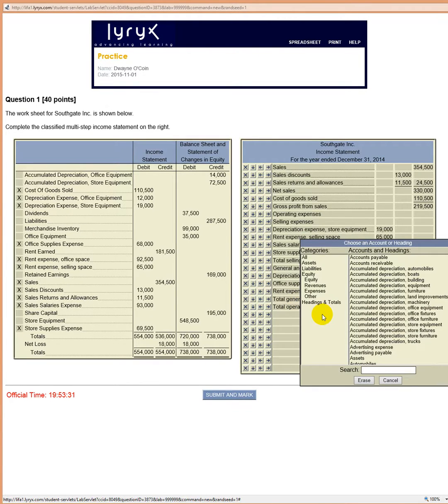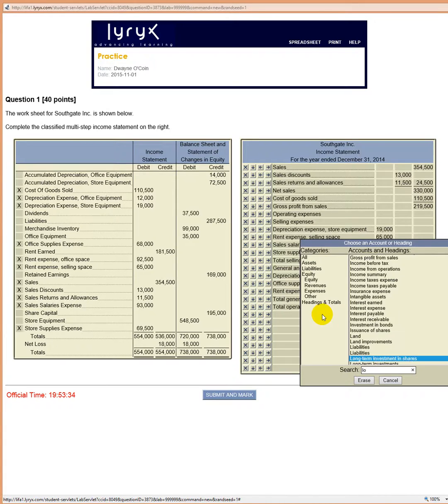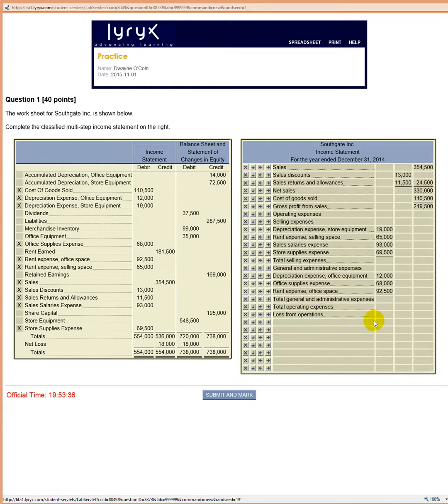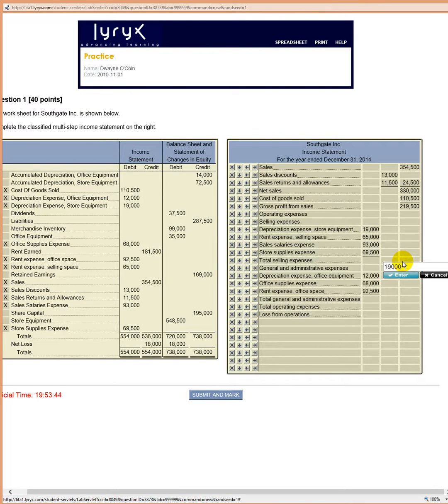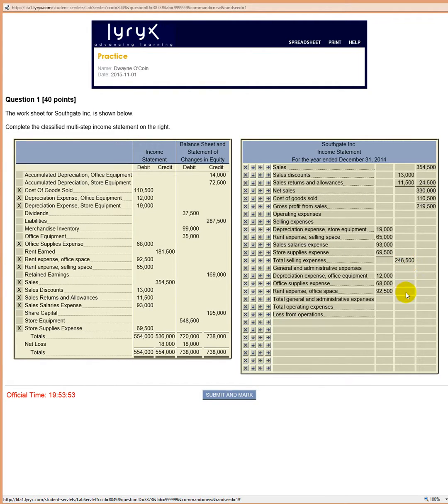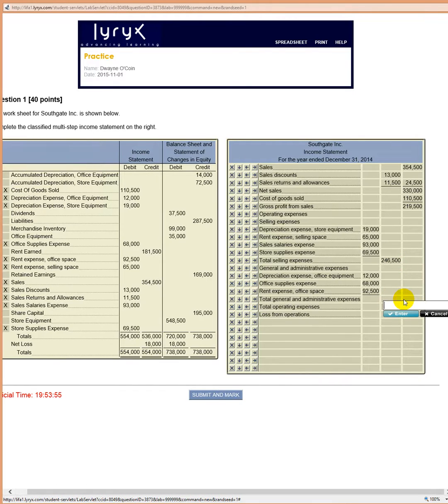And that will give us a gain or loss. Let's assume it's a loss, and then we'll fix it if we're wrong. So with the selling expenses, we need to add them up here. And then we're going to add up the general admin expenses.